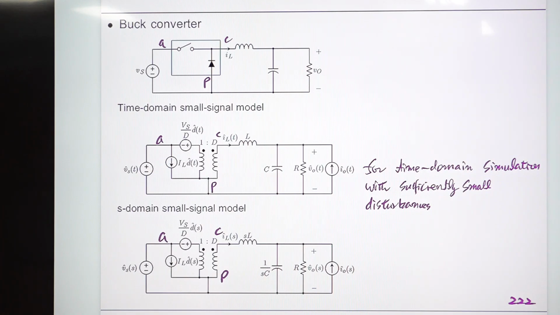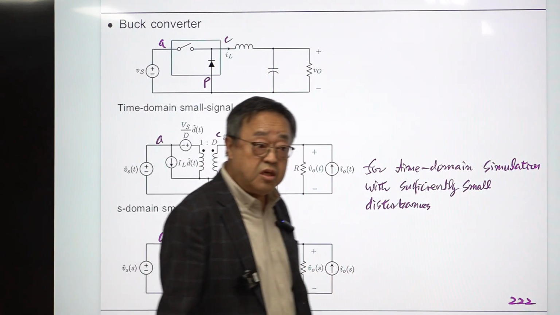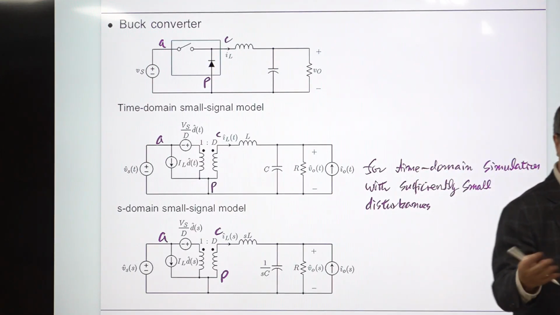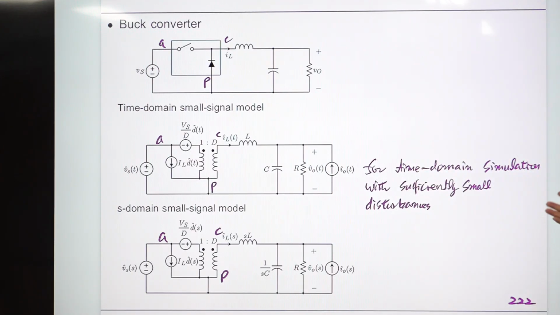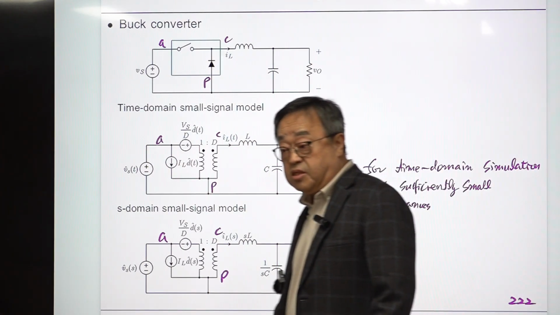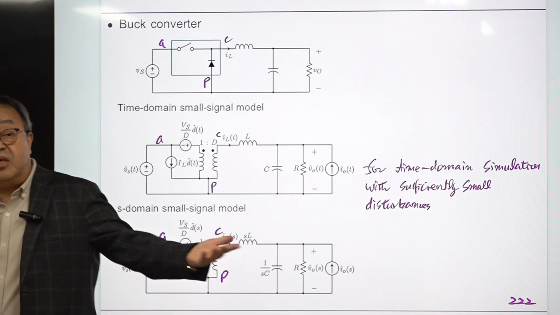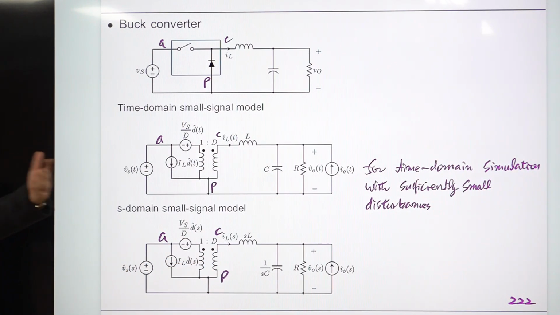You perform the circuit analysis of this, then you generate the transfer function. If you obtain the Bode plot of that transfer function, it portrays the frequency response of your converter, in the same manner as a linear time invariant system. We have seen that so many times in the previous topic.